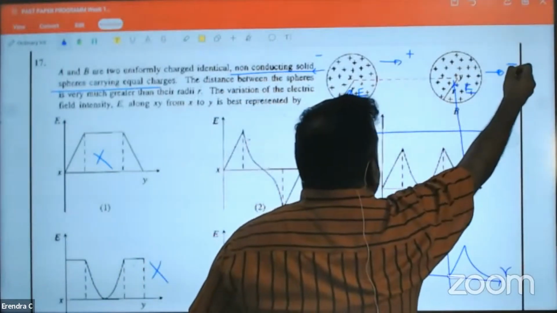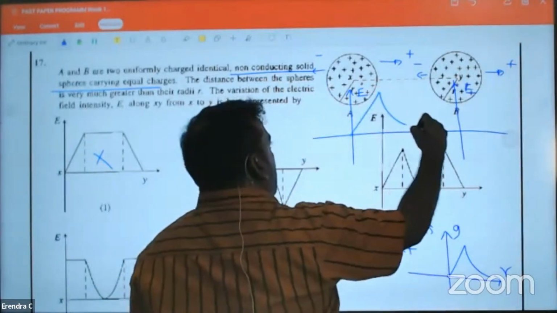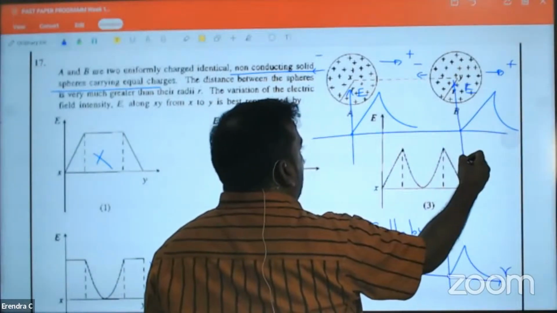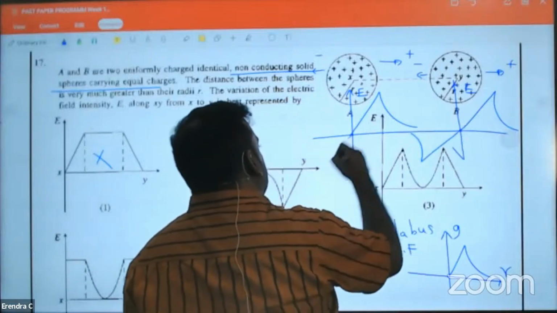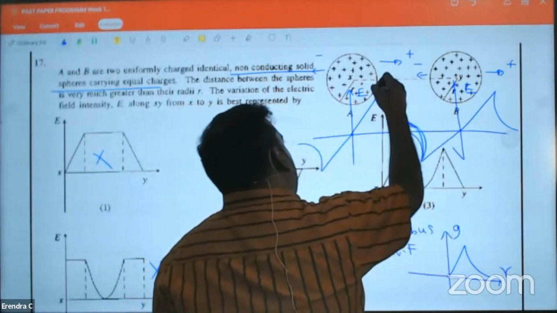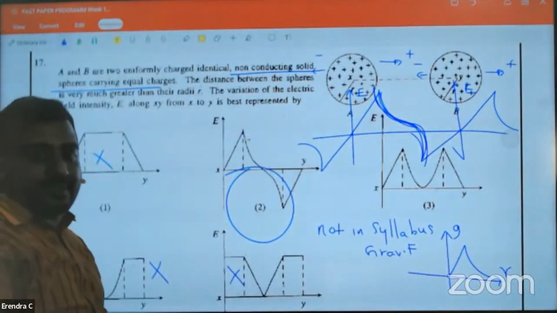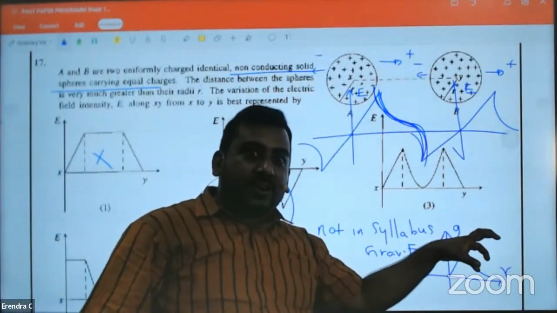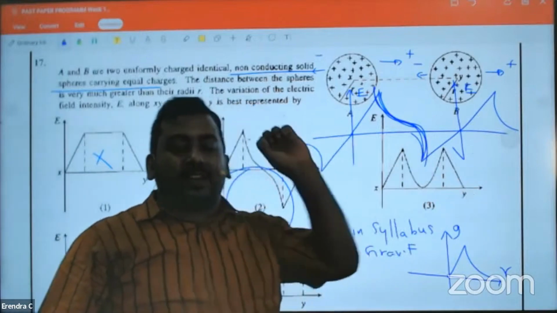So a positive curve, then the negative side, straight line, curve, straight line, curve. Straight lines and curves will meet somewhere, which means the most probable answer is answer number 2. Remember, this is not in your syllabus, but remember the variation for a non-conducting sphere is the same as the variation of Earth's gravitational field.